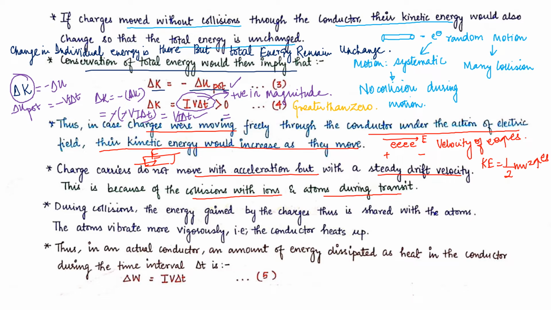The increment in the velocity will not be seen, because dv upon dt, the change in velocity with respect to time, is what is known as acceleration. So we are not seeing any dv upon dt. We are saying drift velocity is there. The charge carriers are being drifted from one end to the other end.